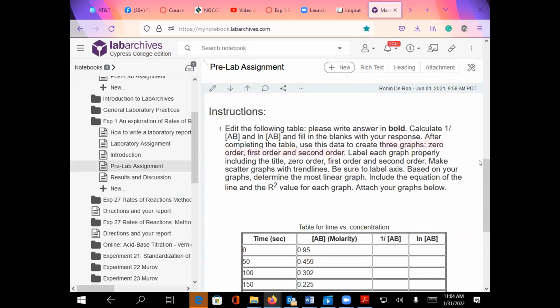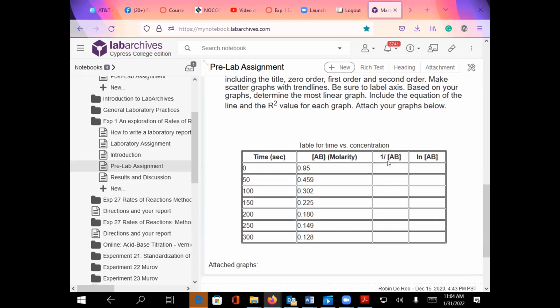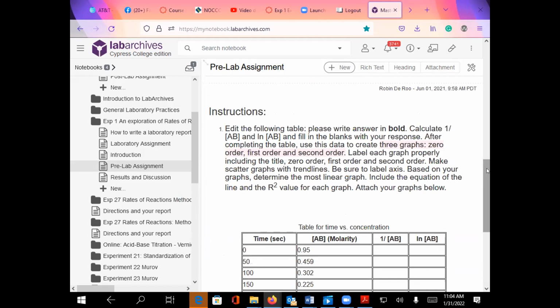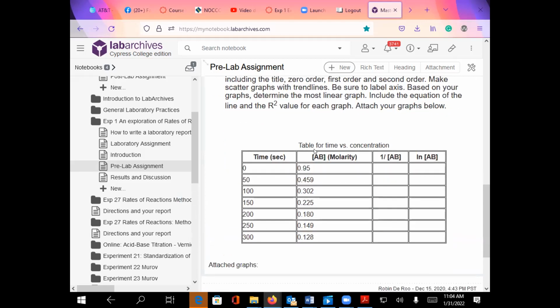How would you format that in Excel? I would have time versus this for one graph, time versus 1 over AB for the second graph, and time versus natural log of AB for the third graph. Is that what you're asking?